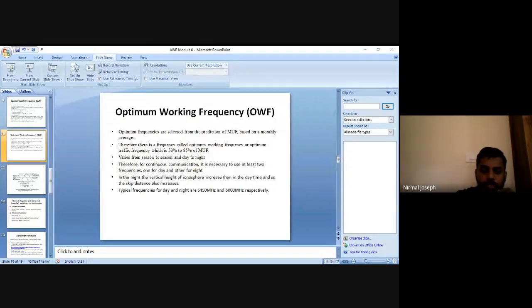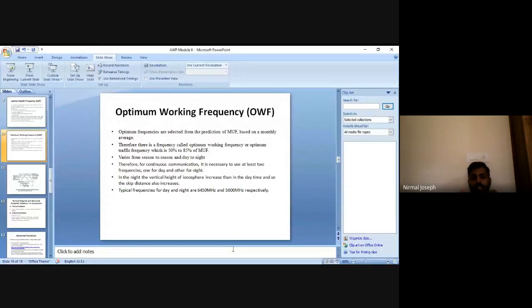Normally this optimum working frequency is fixed between 50 to 85% of the maximum usable frequency. Yesterday, you might remember, I told you we cannot use 100% of the maximum usable frequency. We will use it at 80 to 90% of the maximum usable frequency.